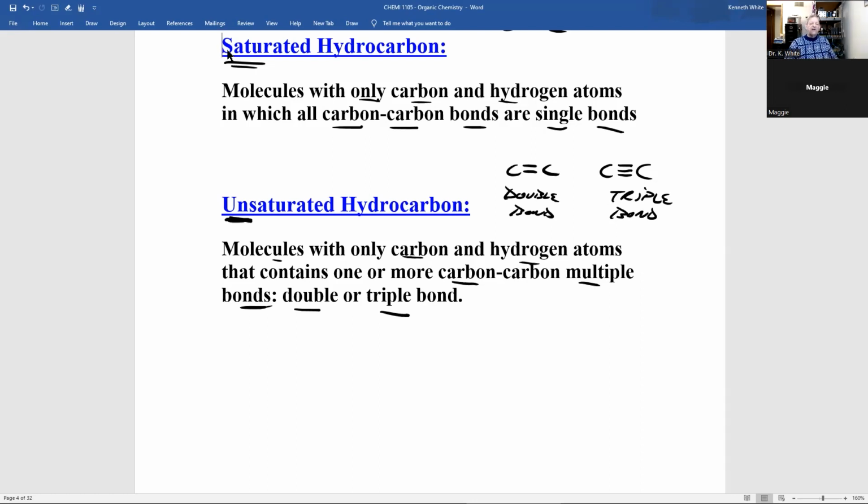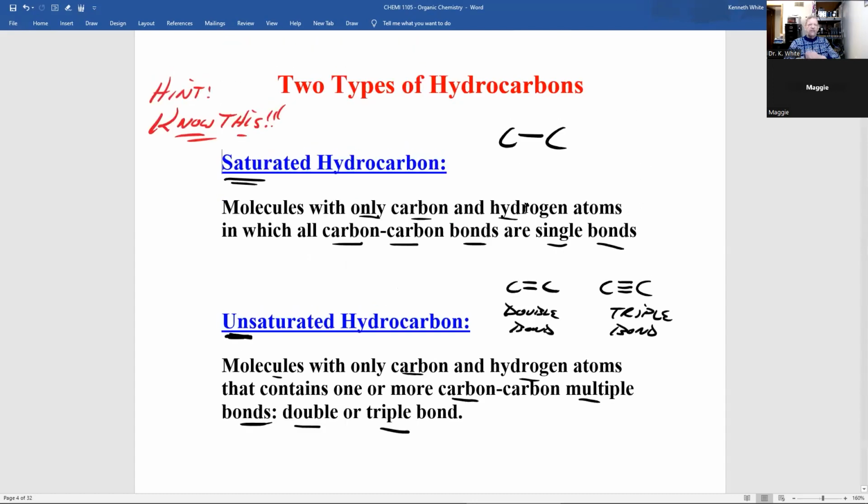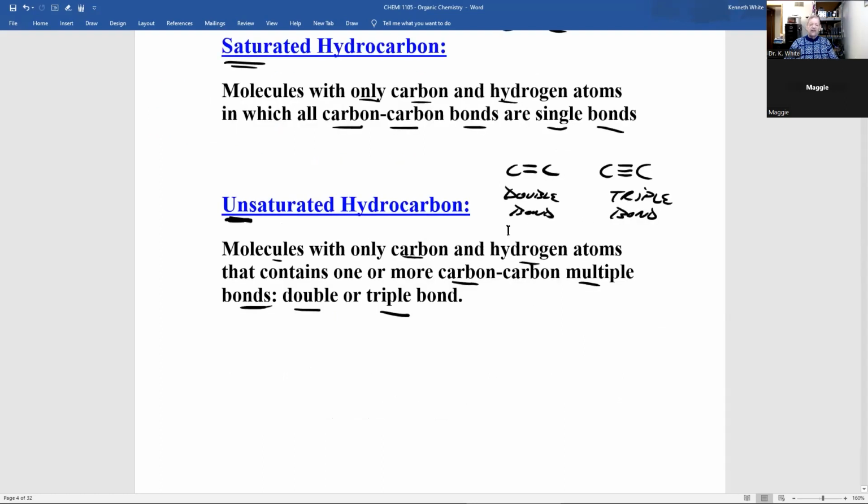So a molecule with only carbon and hydrogen atoms that contains either a double bond or triple bond between two carbon atoms is an unsaturated hydrocarbon. And I'll talk later about unsaturated fats, and that deals with double bonds between carbons. So a saturated hydrocarbon is a molecule with only carbon and hydrogen atoms in which carbon-carbon bonds are all single bonds. An unsaturated hydrocarbon is a molecule with only carbon and hydrogen atoms that contains one or more carbon-carbon multiple bonds, which can be a double or triple bond. You should know this.